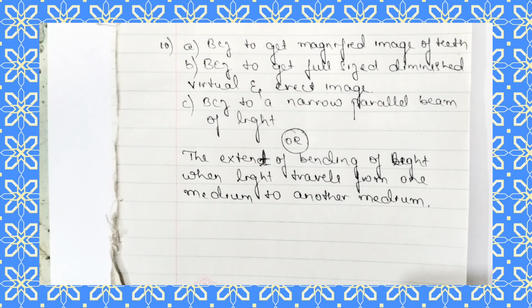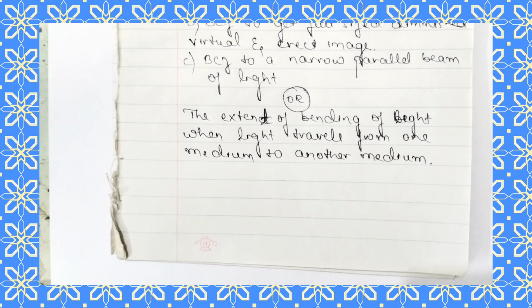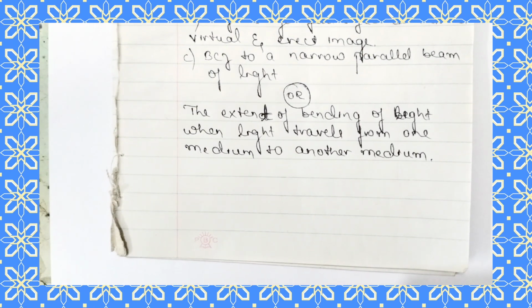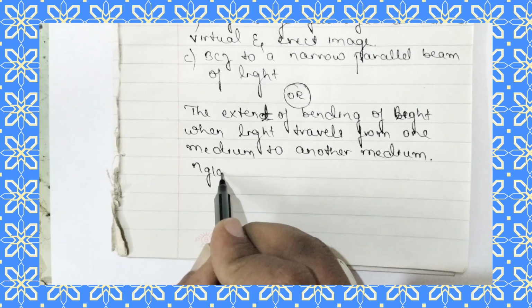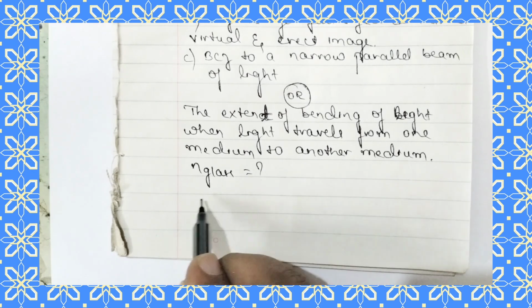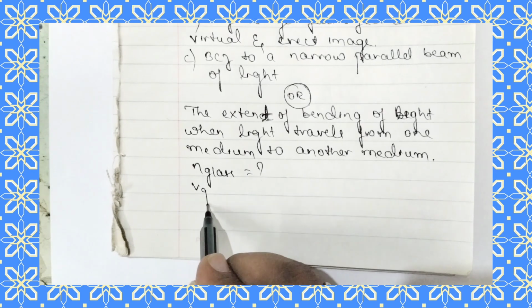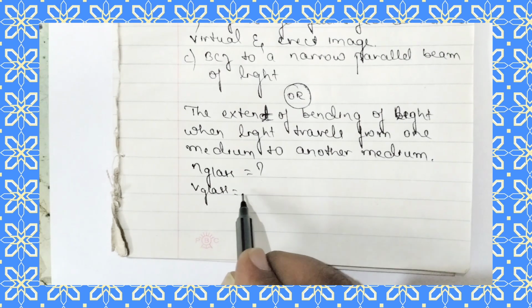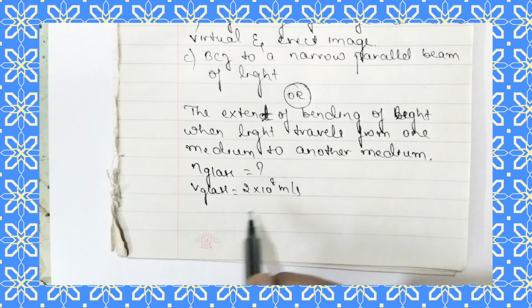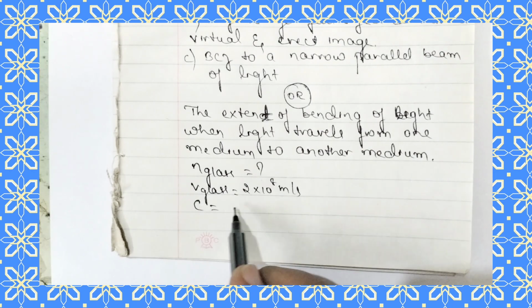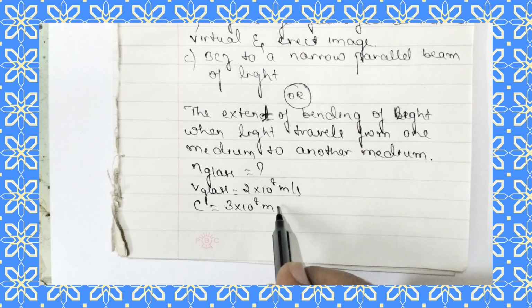Then they have asked to estimate the refractive index of glass. We don't know how much the refractive index of glass is, but they have given the velocity in glass: 2 into 10 to the power of 8 meter per second. The velocity of light in air is 3 into 10 to the power of 8 meter per second.